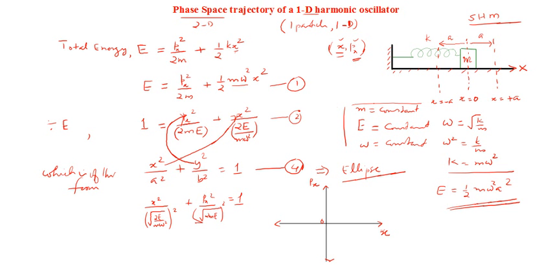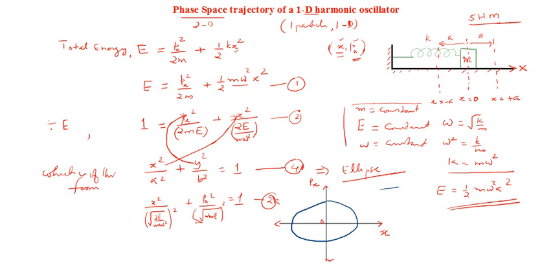Equation number 2, or 2a, says that the graph between the two should be an ellipse. I am trying to draw the ellipse. The shape may not be perfect, but try to understand what I am telling you.